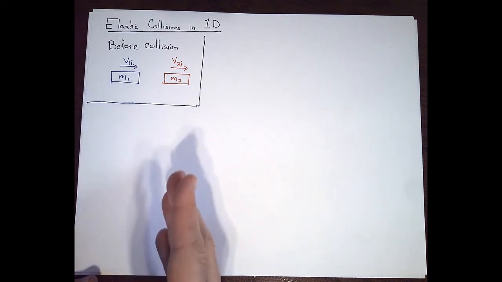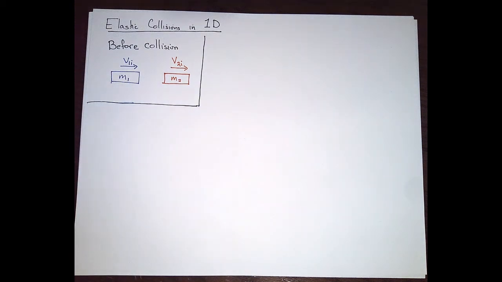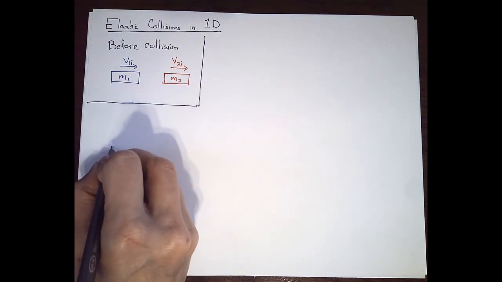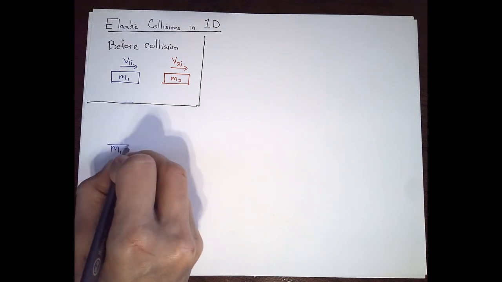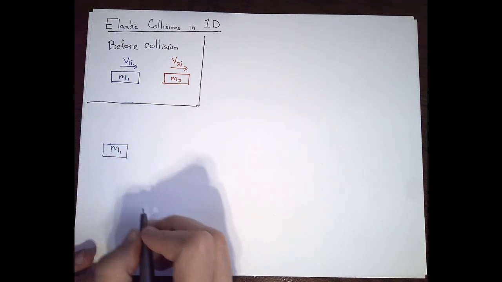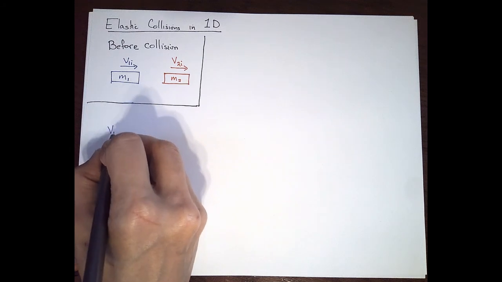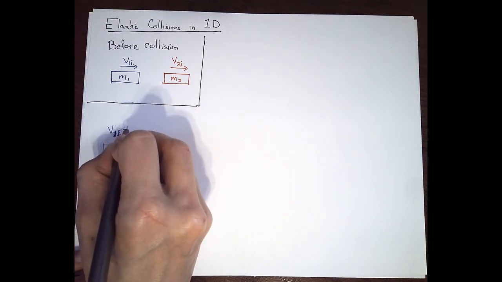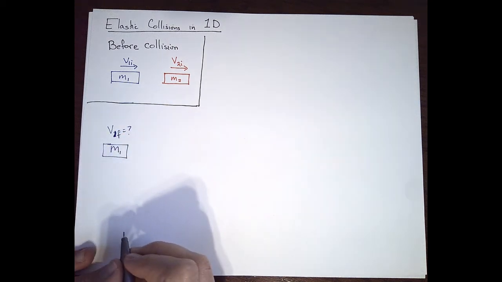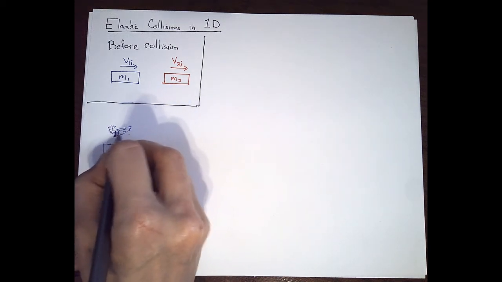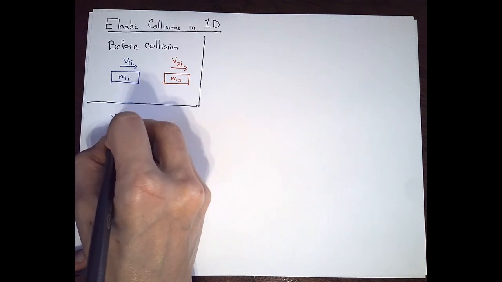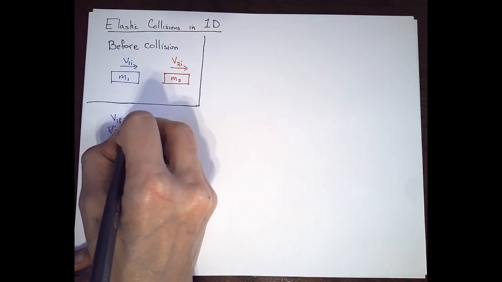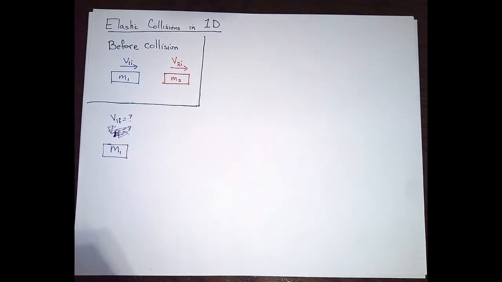So what happens afterwards? Well, we'll still have our two carts. It's an elastic collision, so they're not going to stick together, so they'll both just keep their mass. But who knows what speed they're going? So we'll just have v1f for the final velocity for the blue cart.